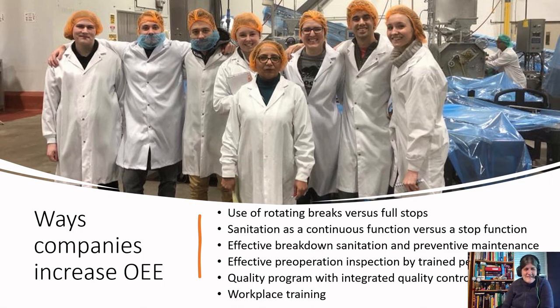In this case, just as a quick summary, here are some key ways that companies focus on increasing their OEE scores. At a certain point, there's a theoretical limit you're going to hit, and you really can't squeeze out any more productivity. You can't get better than 100% productivity, and it is tricky where companies will want to manipulate the numbers to make their OEE scores look inflated.